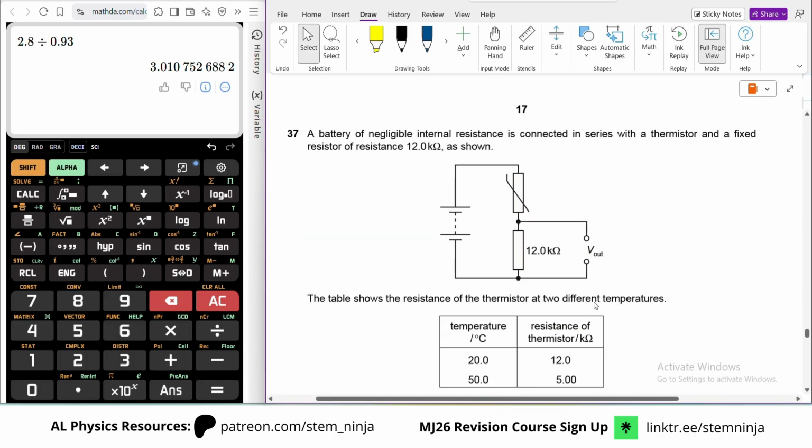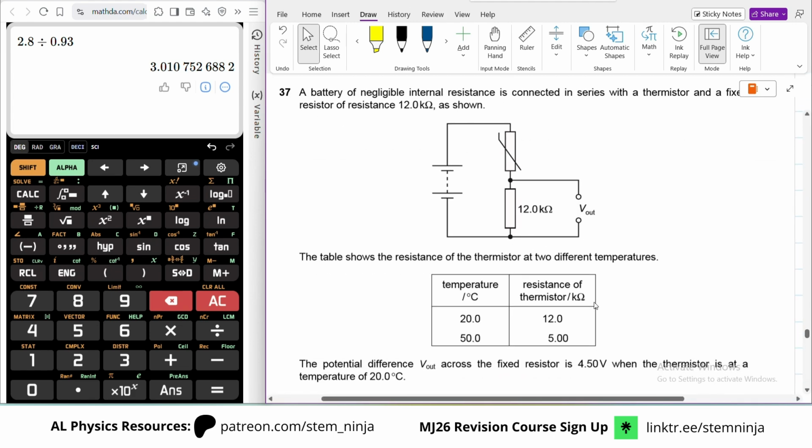A battery of negligible internal resistance is connected in series with a thermistor and a fixed resistor of resistance 12 kilo ohms. The table shows the resistance of the thermistor at two different temperatures.